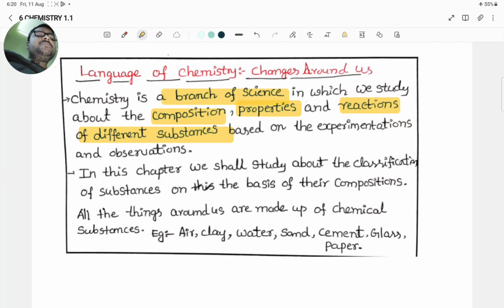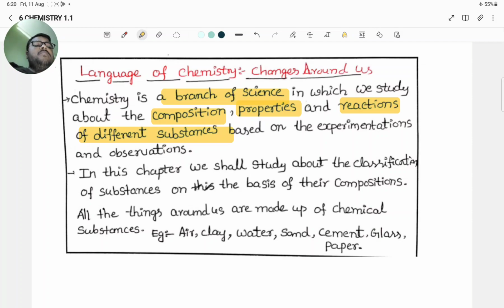In chemistry, we learn about the compositions, properties and reactions of different substances by using experimentation and observation. This is the first point.